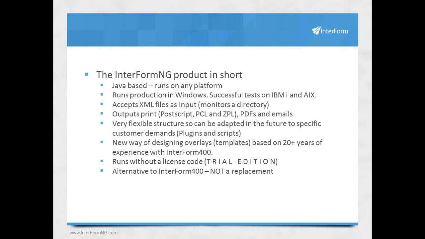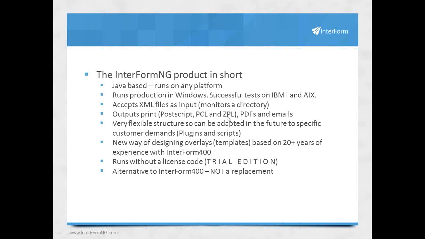If we compare InterFormNG with the good old InterForm 400, one of the differences is that this product accepts XML files as input instead of spool files. So InterFormNG monitors a directory, and whenever there's a new XML file, that will be picked up and converted. This conversion can either be into some print output, so we can print out on printers that are PostScript compatible, PCL5, or ZPL compatible.